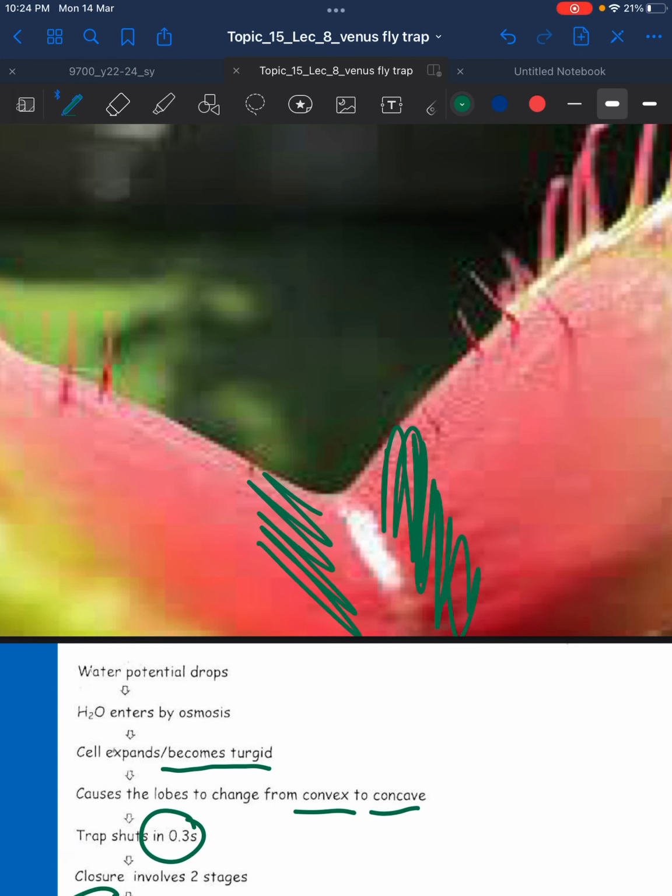So the influx of the calcium, because of the closure of the trap, will deflect more of this hair, which causes even more calcium to enter.